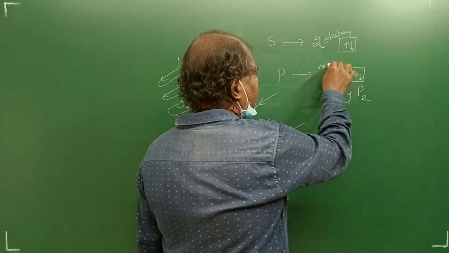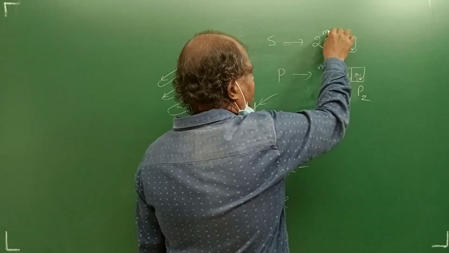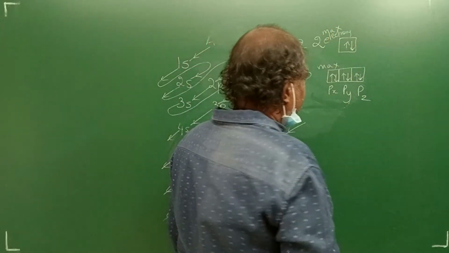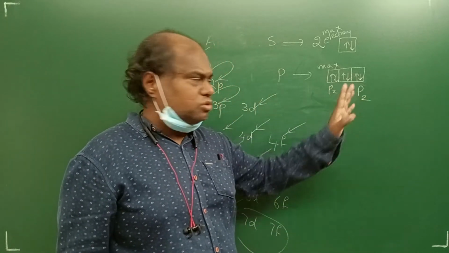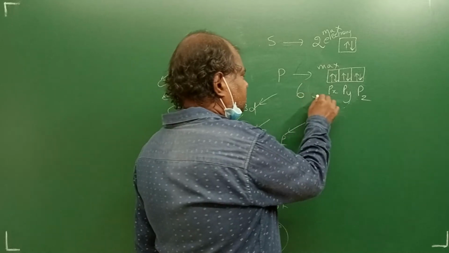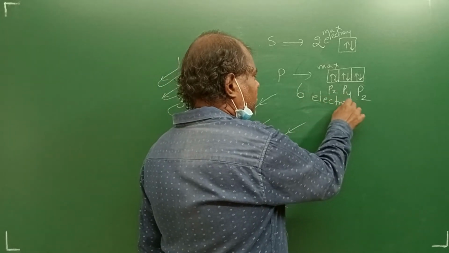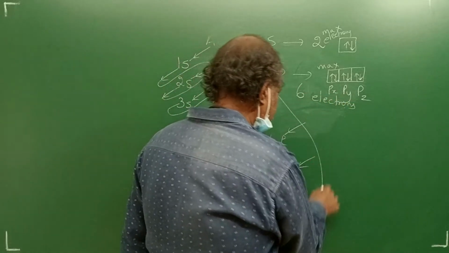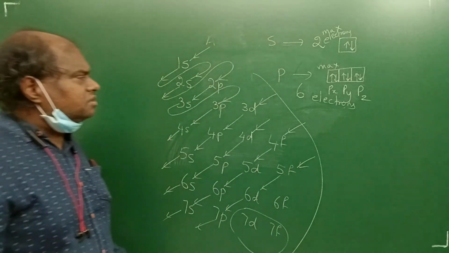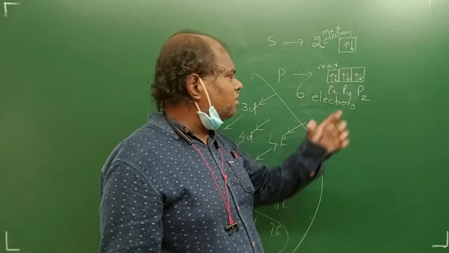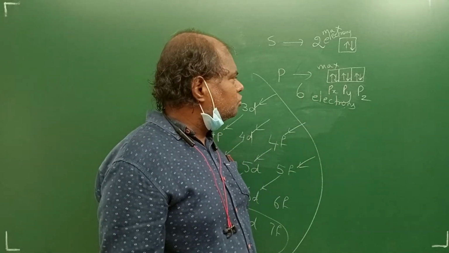This is the maximum I am drawing. So maximum in each box you can draw 2. So total you can fill how much? 6 electrons, right? In p orbital you can fill 6 maximum. 2, 2, 2, right?